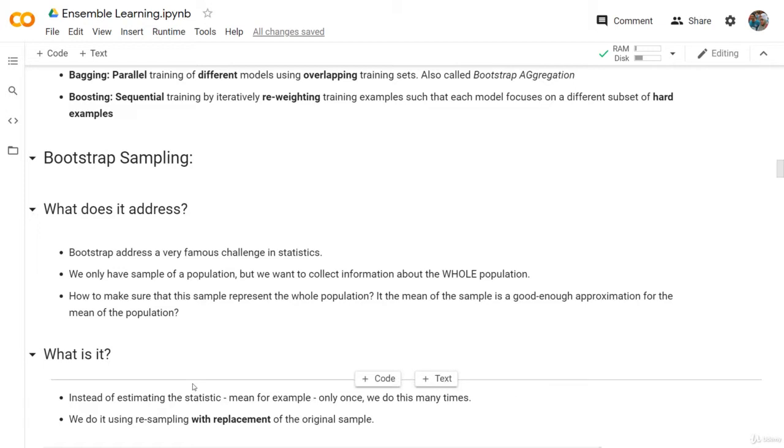Instead of just estimating the statistic, the mean, for example, only once, we do this many times. So we calculate the mean multiple times, okay? And we do this using resampling with replacement of the original sample.